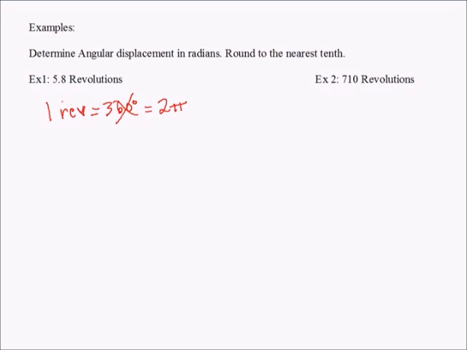So we're going to take this 5.8 and multiply by 2 pi, which would give us 11.6 pi. And if you plug this in the calculator, you would get 36.4 radians.